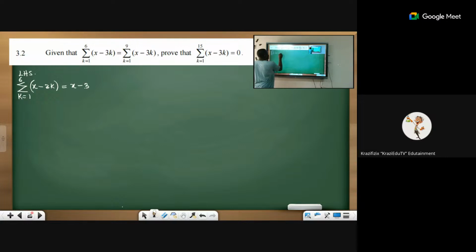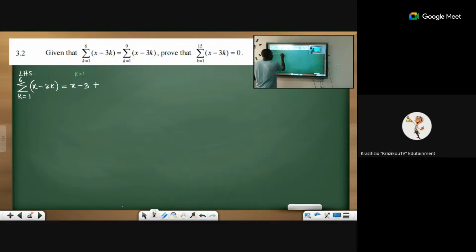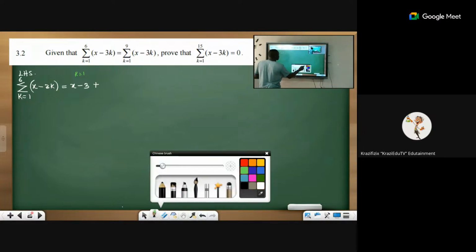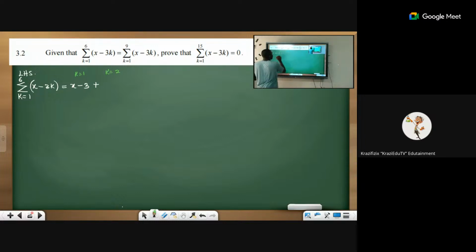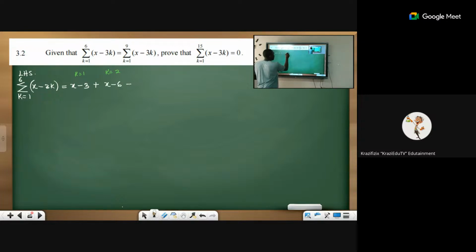So what do we have? x minus 3, this is when k equals 1. Because it's a sigma, I would say plus. Now if k equals 2, we have 3 times 2, so x minus 6, plus, the next one, k is 3, x minus 9, plus x minus 12, plus x minus 15, plus, what do we have? 18.